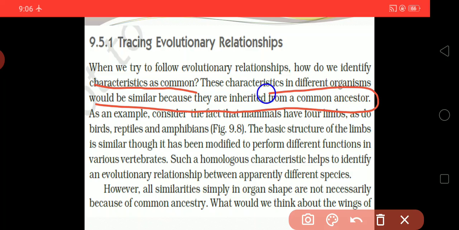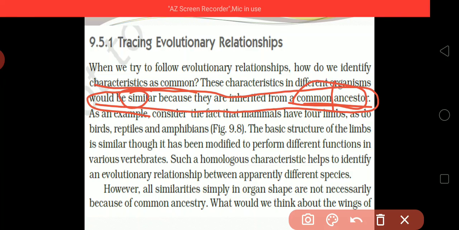Different organisms have similar characteristics because they get them from their common ancestor, and due to which some characteristics are common to both organisms.